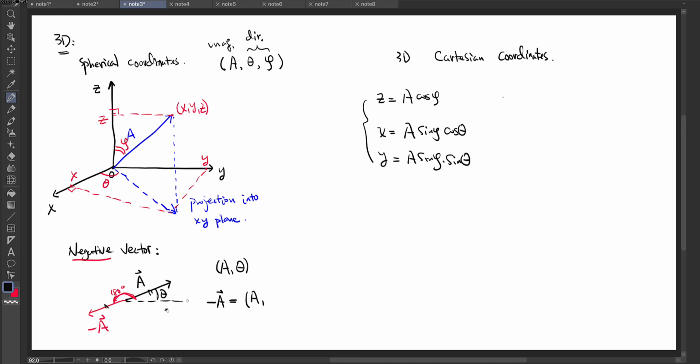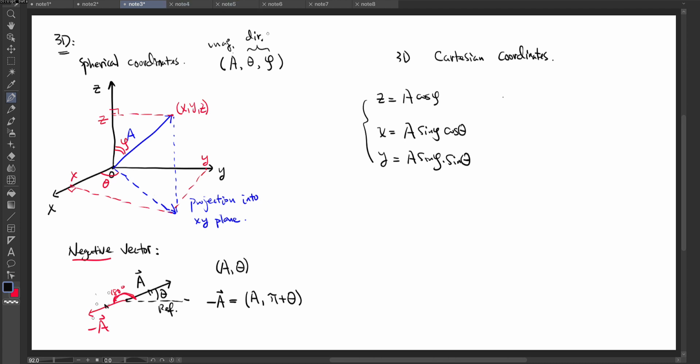Originally it's the angle theta with respect to the reference direction. Now on top of that, I need to add 180 degrees. So it's pi plus theta. That represents the negative A.